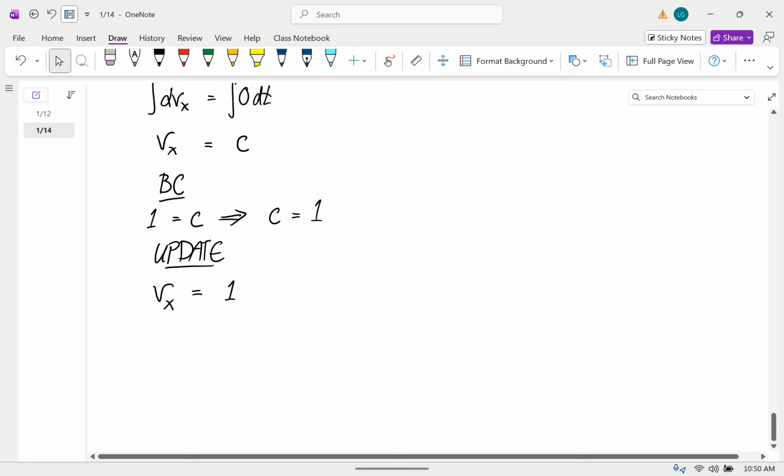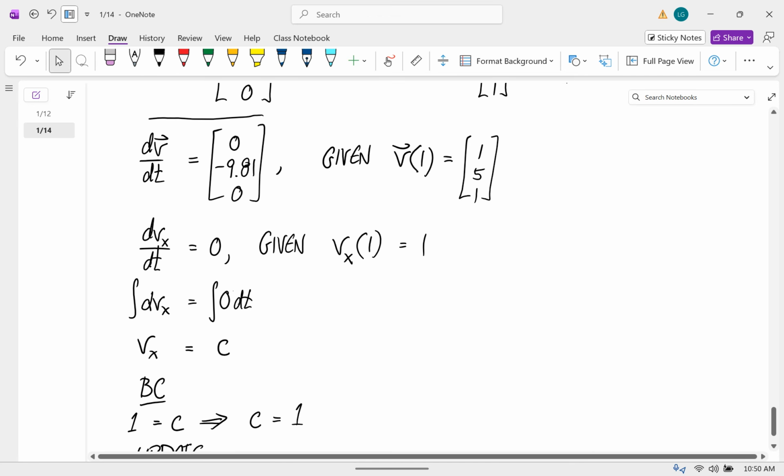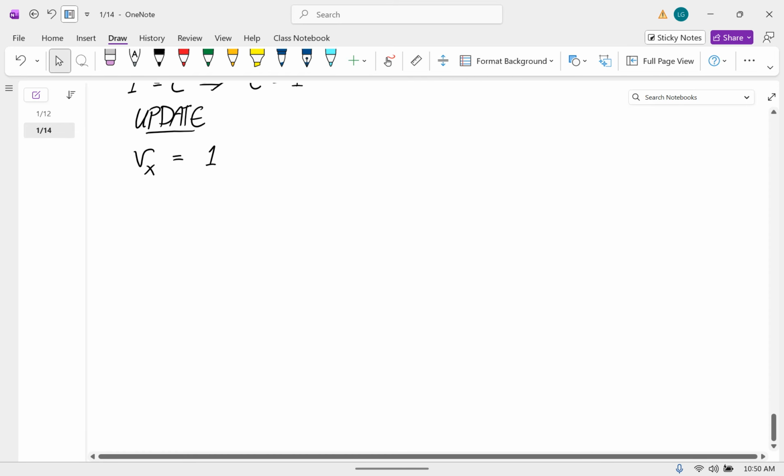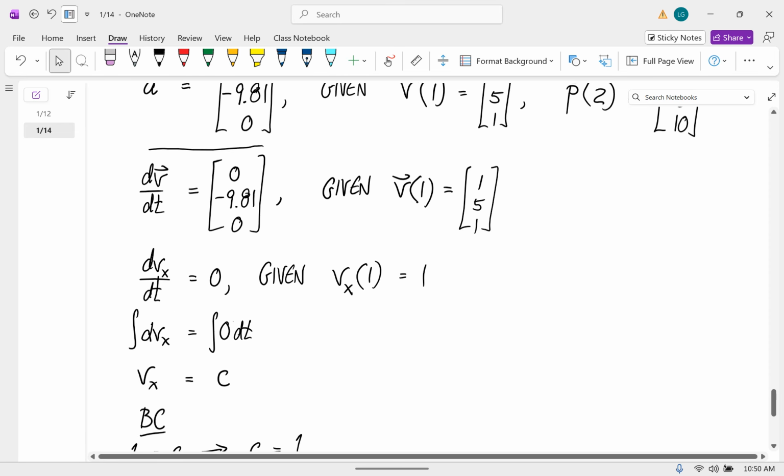Why don't you take a couple minutes and see if you can do this for the y equation, and feel free to talk to people next to you. Feel free to ask me questions if you get stuck, but this is just making sure that you're following along.